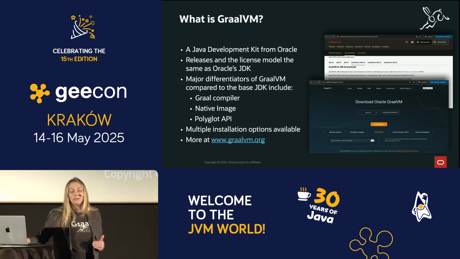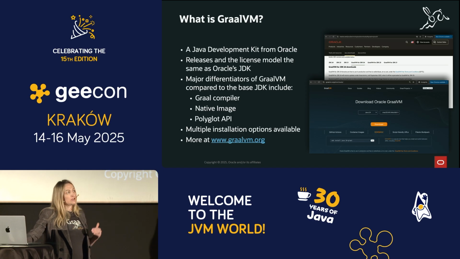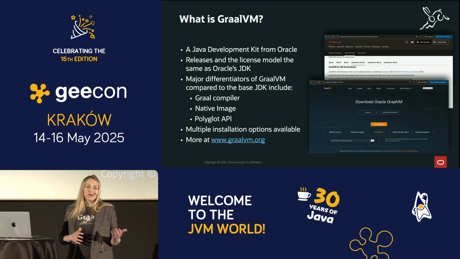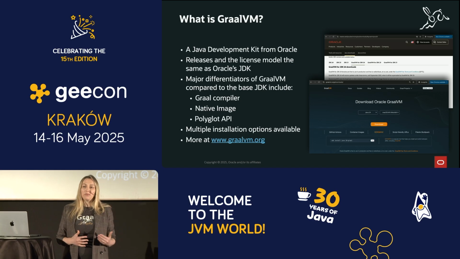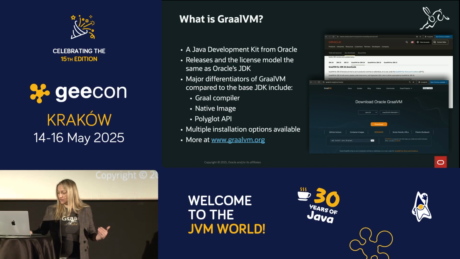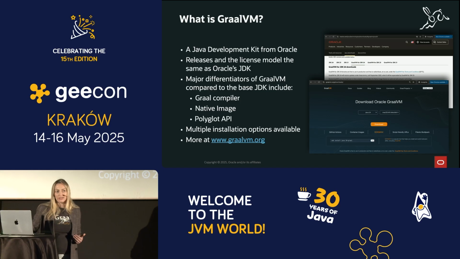And also there are polyglot APIs, which enable you to embed other languages' code in Java code. The way you do it today, you just add JavaScript or Python as Maven dependencies. We maintain these jars, and we publish the jars for every release.